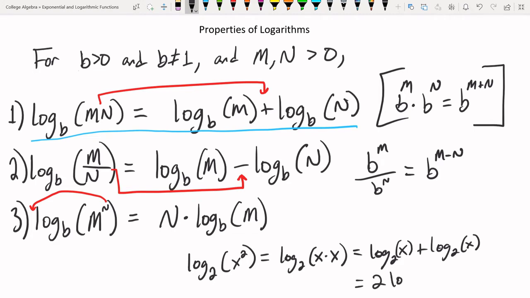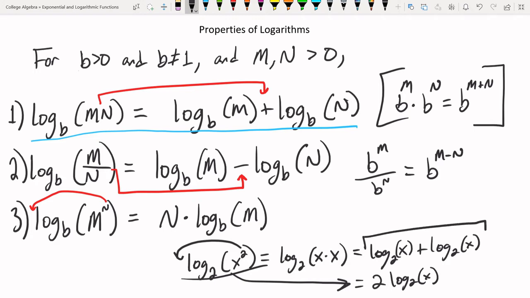So we have 2 log base 2 of x. Essentially, I took the 2 and brought it down in front. You can test this for x cubed, x to the 4th power, x to the 18th, and you'll see that the number always comes out in front just because we have that many factors in the addition.